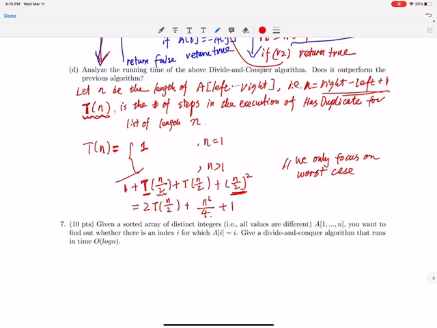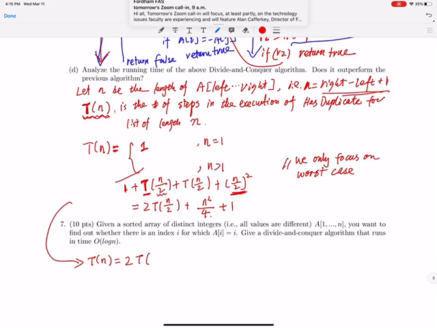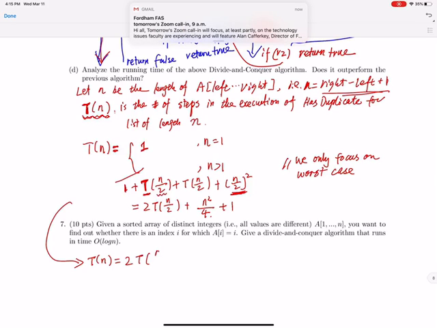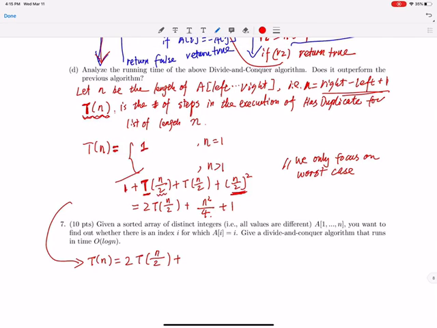So let me now solve this using the master theorem. First I convert it into the master theorem's format: a times T of n divided by some constant, plus the remaining term captured as n squared. So drop constants, drop lower order terms.